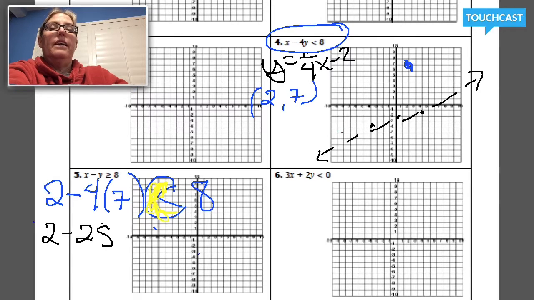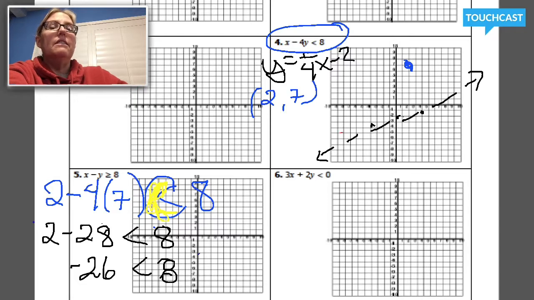So it has to be an 8, and then Pac-Man still has to eat the bigger one, so it still has to be greater than 8. So then now I have 2 and a -28, I subtract, take the sign of the bigger number, so it's -26. And that has to be smaller than my 8. Again, because I have Pac-Man, who is hungry and wants to eat the bigger number.